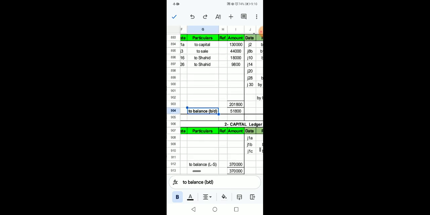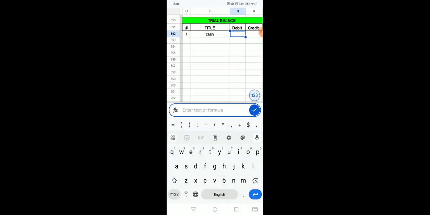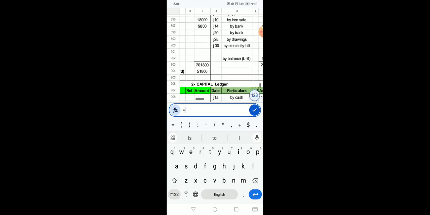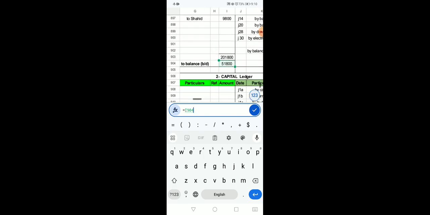This was your cash ledger and this is balance brought down over here, and you have seen that balance is brought down on which side? Debit, and balance is 51,800. So since balance is brought down on debit side, you will post the same balance on the debit side of trial balance as well.